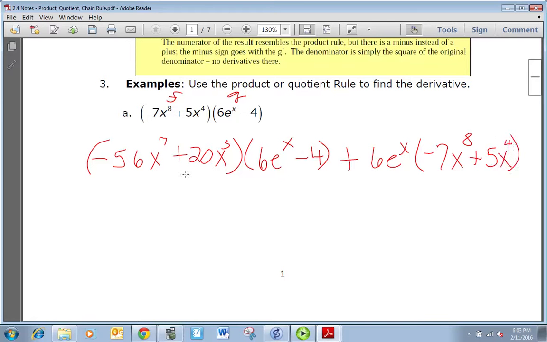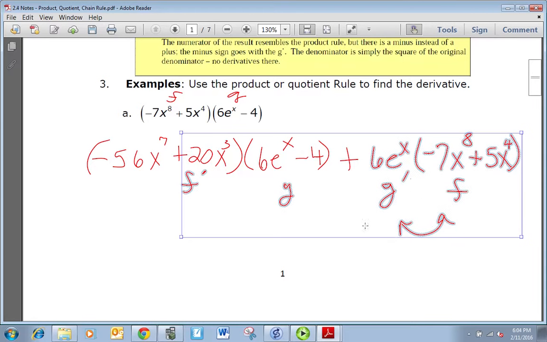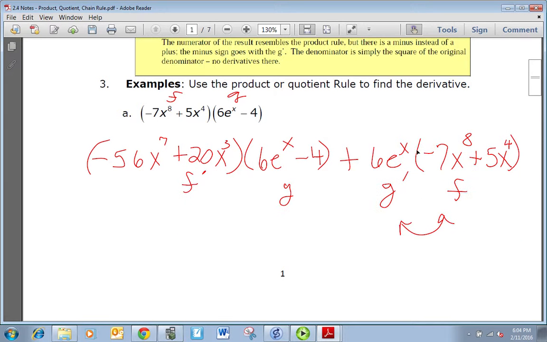Okay, so we have the derivative of the first times the second, plus the derivative of the second times the first. You'll notice that I switched these around, but multiplication is commutative, so it doesn't matter which one I list first. In this case, it was convenient to list g prime first because it was just a singular term as opposed to having two, and usually we write those out in front.